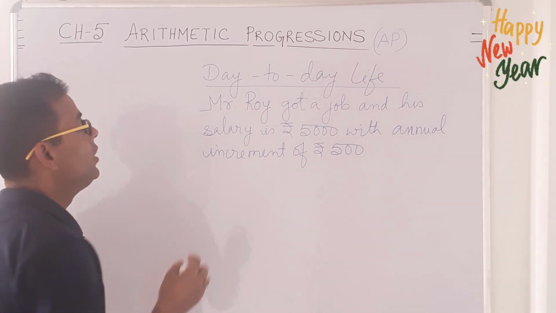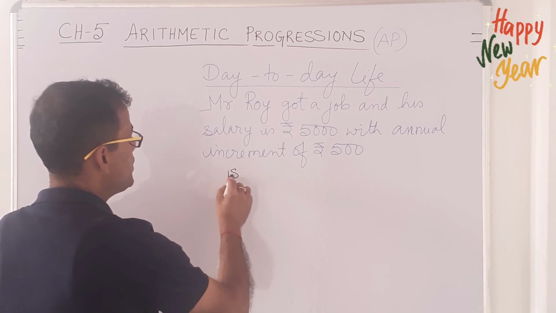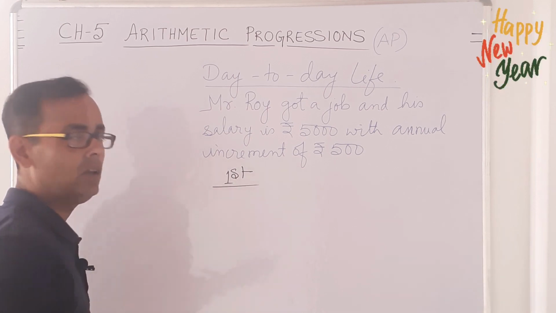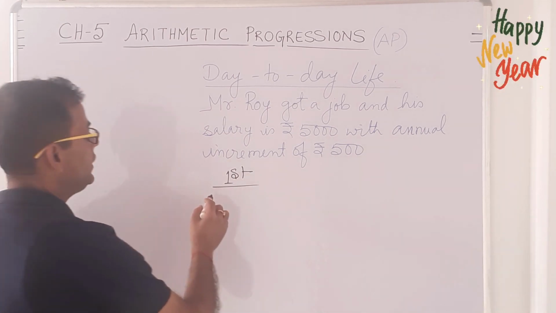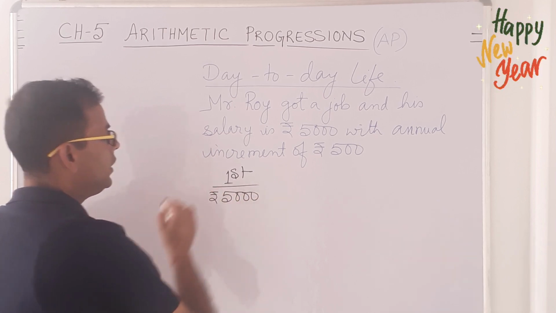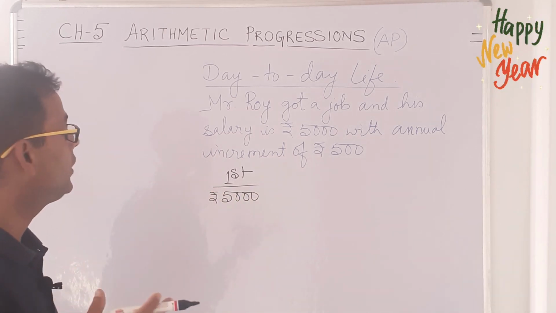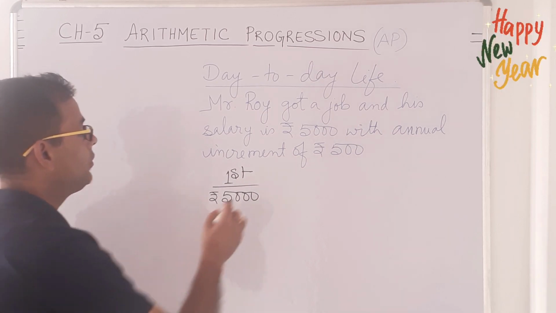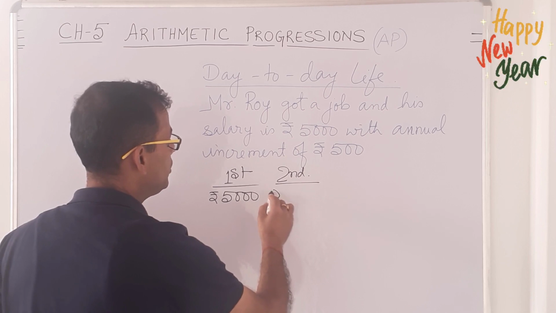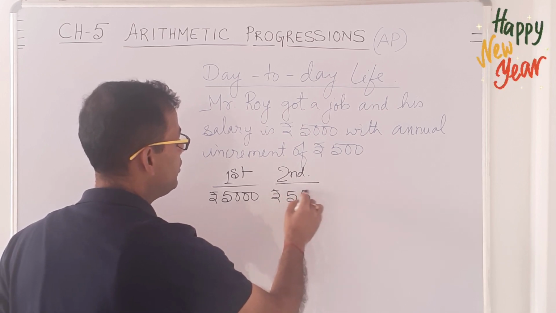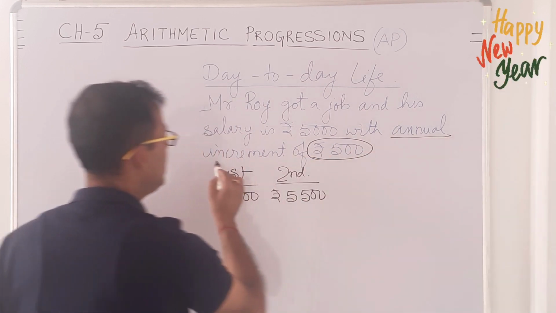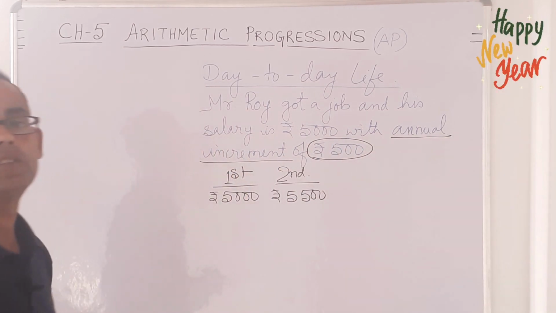Suppose this is the first year when he joins the office. In the first year he will get rupees 5,000. After completion of 1 year, in the second year he will get 5,500, because the annual increment is rupees 500.